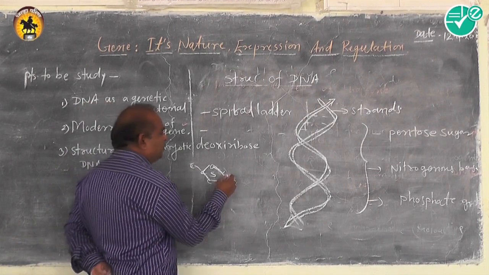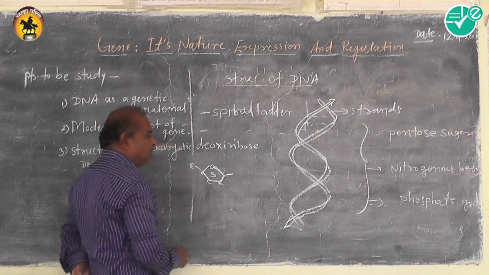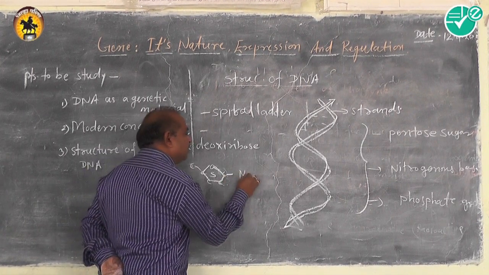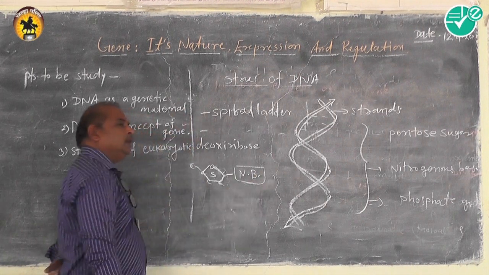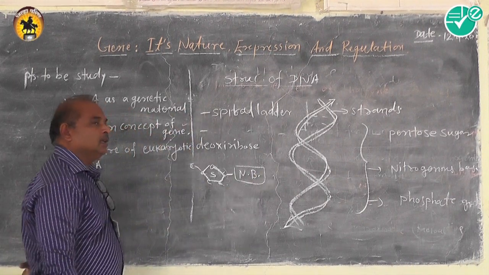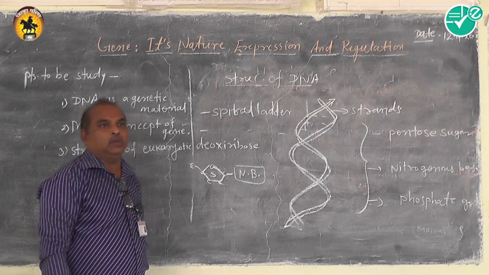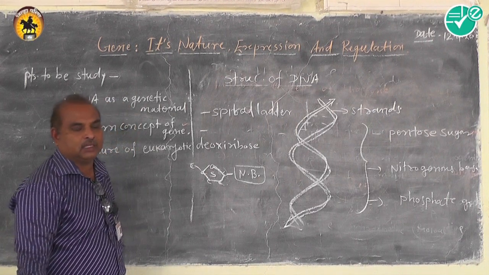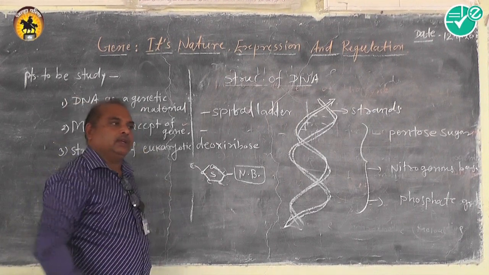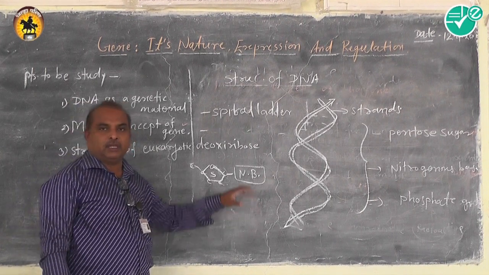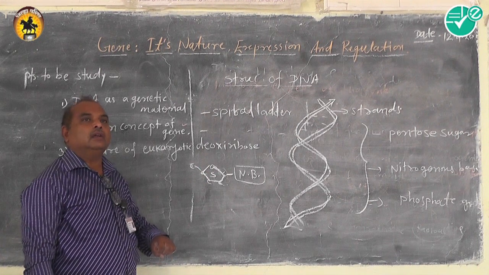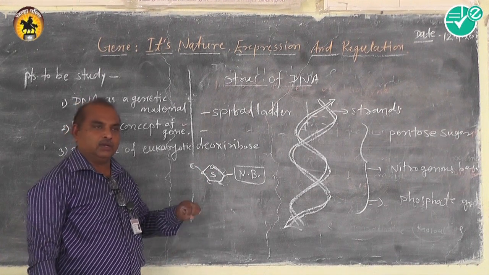Now, to the first carbon of this pentose sugar, there is attachment of a nitrogenous base. As we know, the nitrogenous bases are of two types: purine nitrogenous bases and pyrimidine nitrogenous bases. Purine nitrogenous bases are double ring structures, whereas pyrimidines are single ring structure nitrogenous bases.